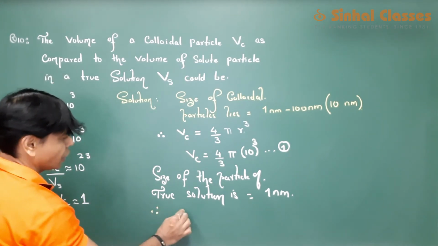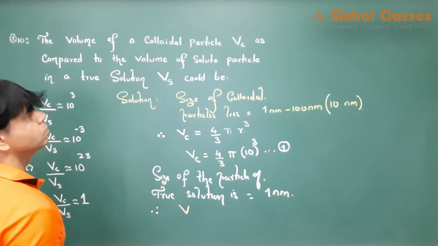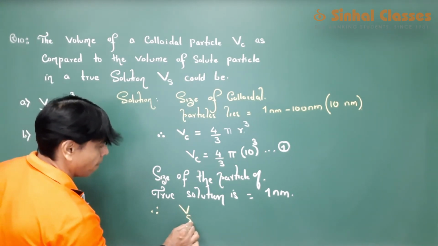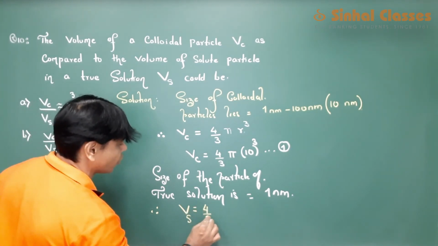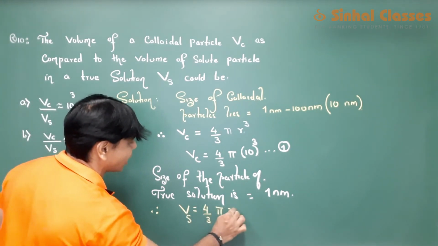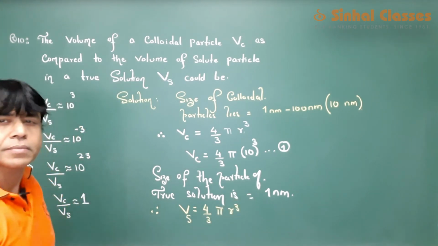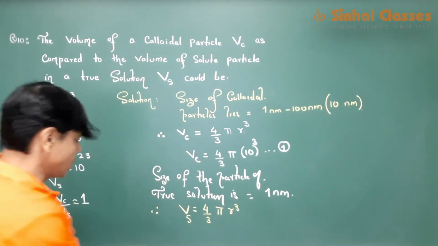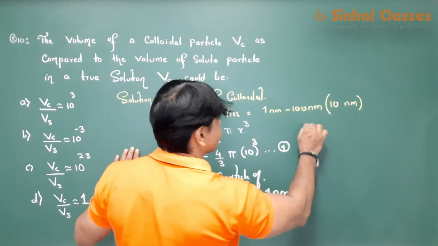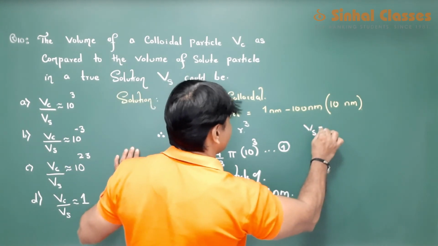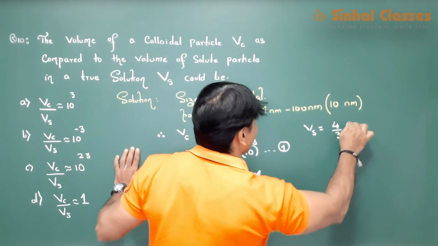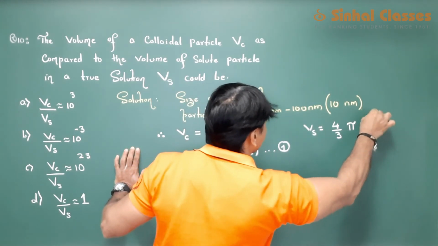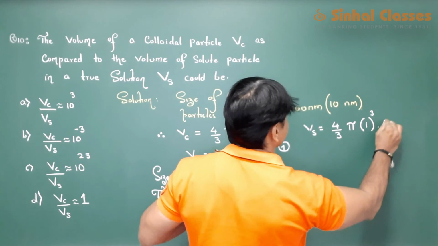Therefore, the volume of the solute particle will be 4 by 3 pi r cube, which can be written as Vs equal to 4 by 3 pi into 1 cube. This is equation number 2.